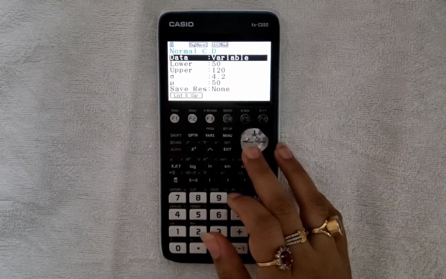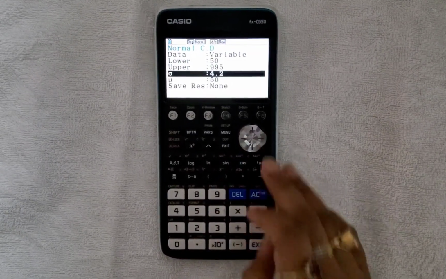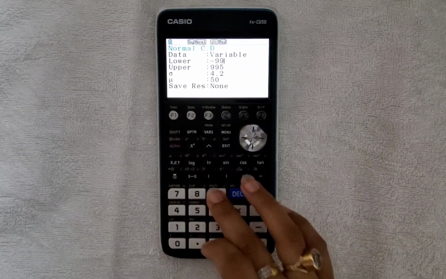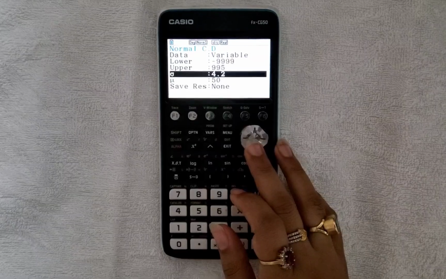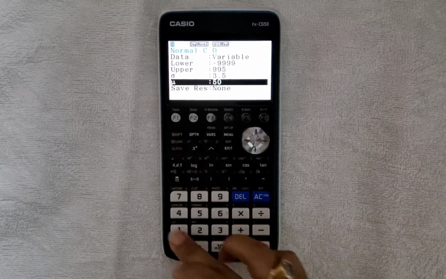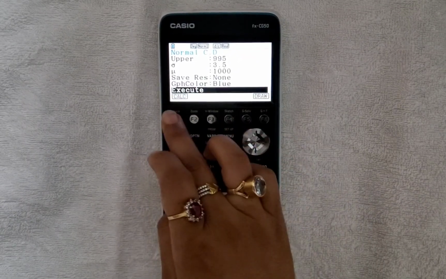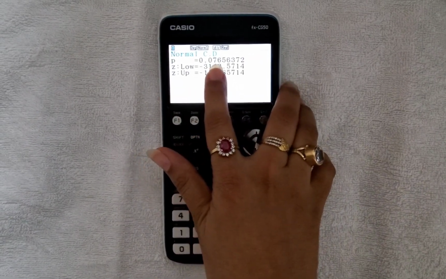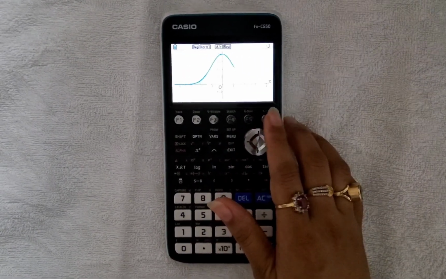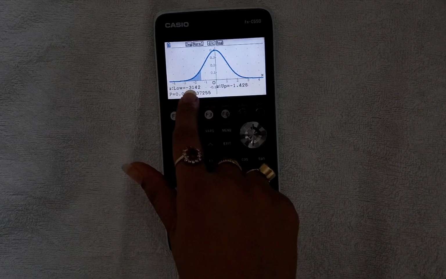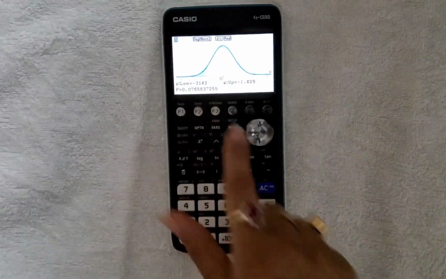It says mass is less than 995, so my upper value will be 995 and lower you can put any lower number. Then the standard deviation given to me is 3.5 and the mean is 1000. Now we'll execute. So this is the probability, 0.0765. You can also draw the graph, which you can see over here, where your lower value and upper value are given, and here you can see the probability.